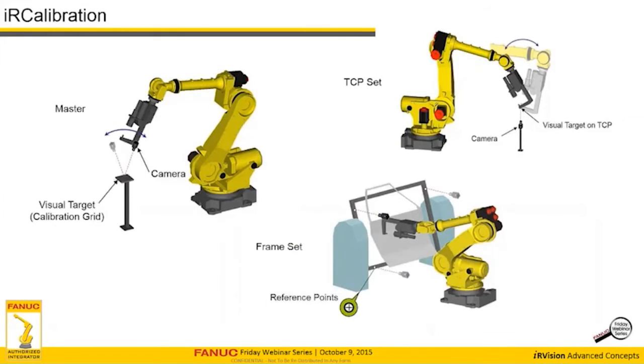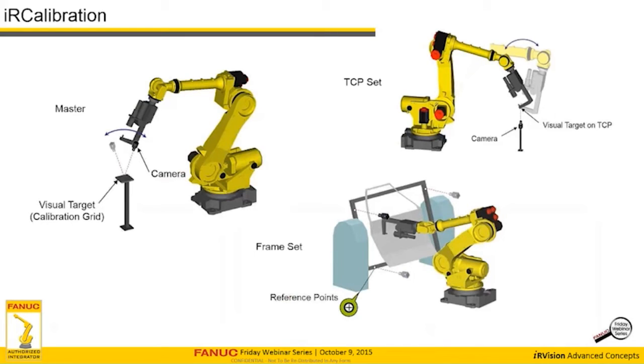Just a quick graphic of how these things come together. The vision mastering uses a visual target, which is one of our iRVision calibration grids. And the camera looks at that grid, moves around the grid, and discovers mastering corrections for the robot joints.